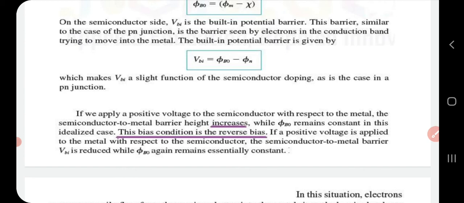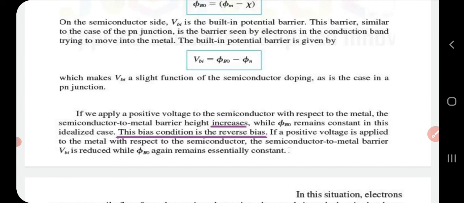Now let us see what happens when a positive voltage is applied. If we apply a positive voltage to the semiconductor with respect to the metal, what happens? The semiconductor to metal barrier height increases, whereas phi B0, the Schottky barrier, will remain constant, and that is the ideal case. This bias condition is termed reverse bias.